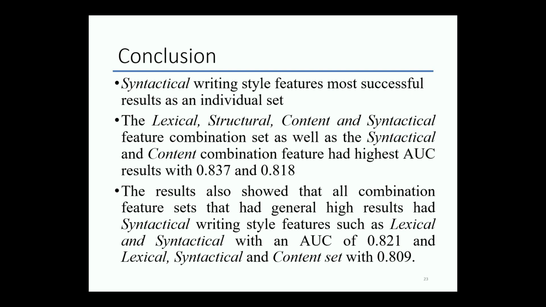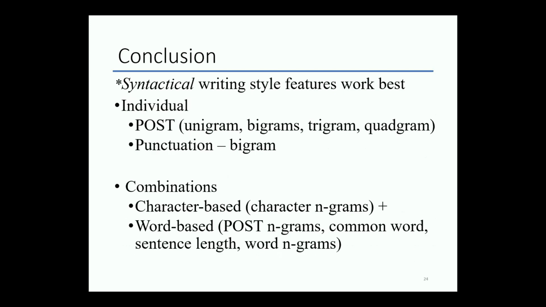The results show that if we have syntactical writing features somewhere, we usually get the best results for cross-genre and cross-topic authorship identification, as well as having lexical and syntactical features. Of course, syntactical features feature everywhere we have the best results. So we could say that syntactical writing features work best for cross-genre and cross-topic authorship identification.